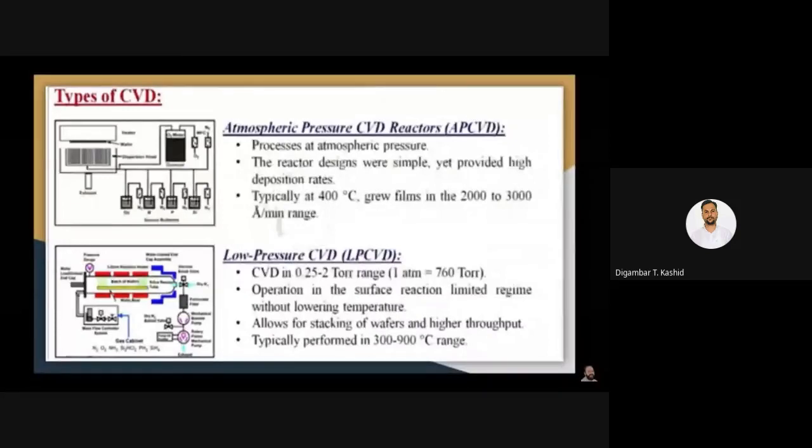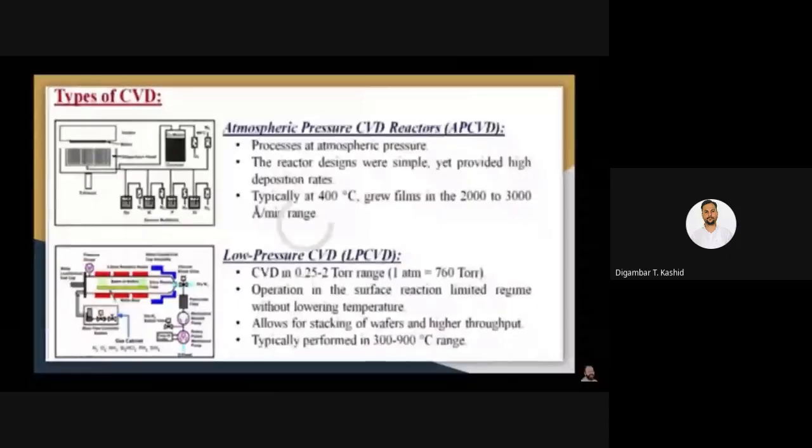In this CVD, the range is 0.25 to 2 torr. As I mentioned here, 1 atmospheric pressure is equal to 760 torr.